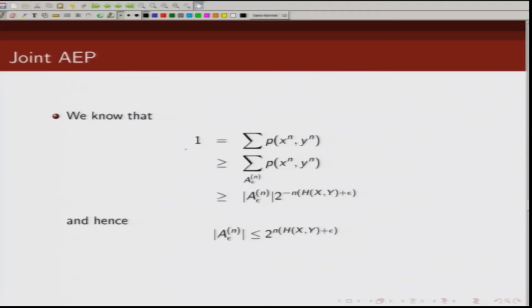To prove this, we know that the joint distribution of Xⁿ and Yⁿ, summed over all x and y, should be 1. Now if we sum over only the jointly typical set, you can think of it as one set where Xⁿ and Yⁿ are jointly typical, and then there is a set which is the complement of this jointly typical set.